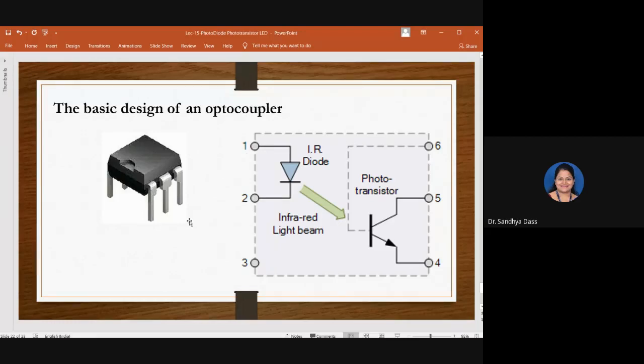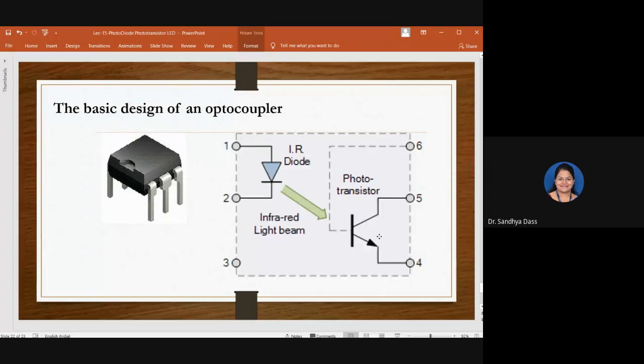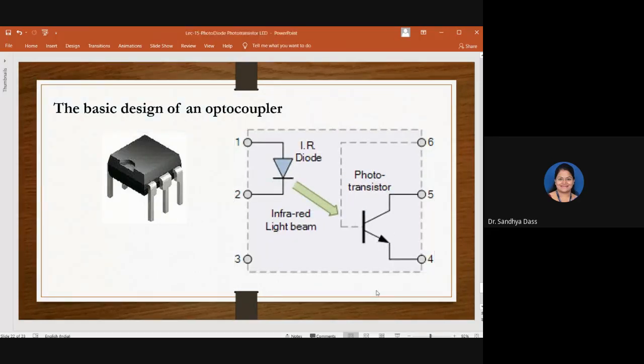These legs give us the pins for connecting the input and the output circuits using this particular optocoupler IC.